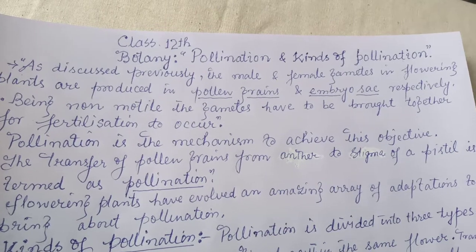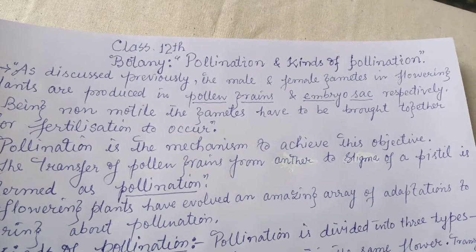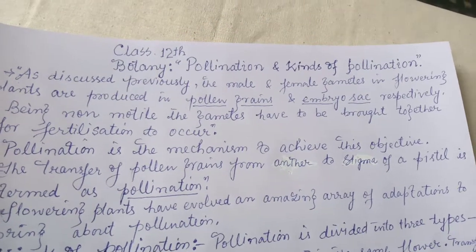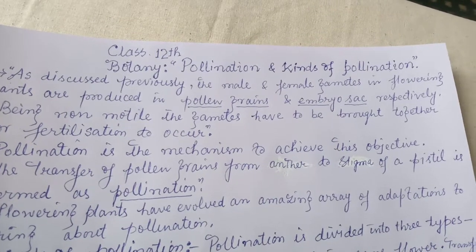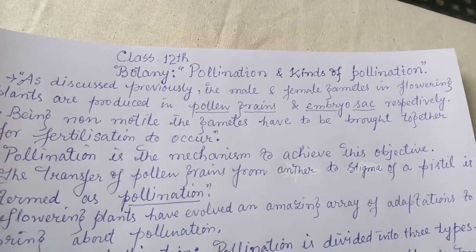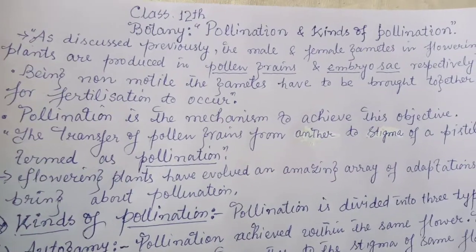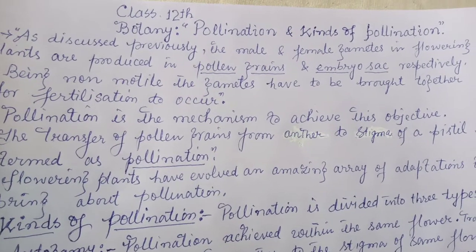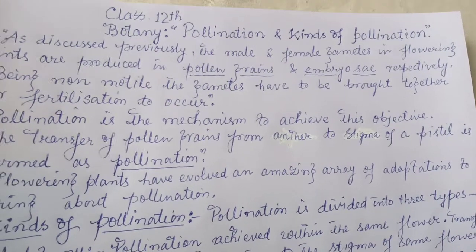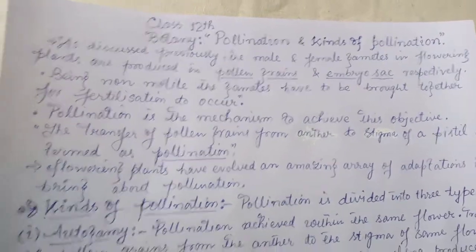That means the pollen grains are to be transferred from anthers to reach the stigma, and this event is termed as pollination. And flowering plants have evolved an amazing array of adaptations to bring about pollination.